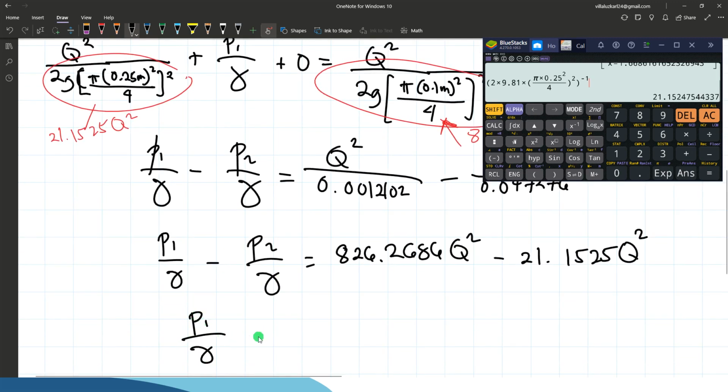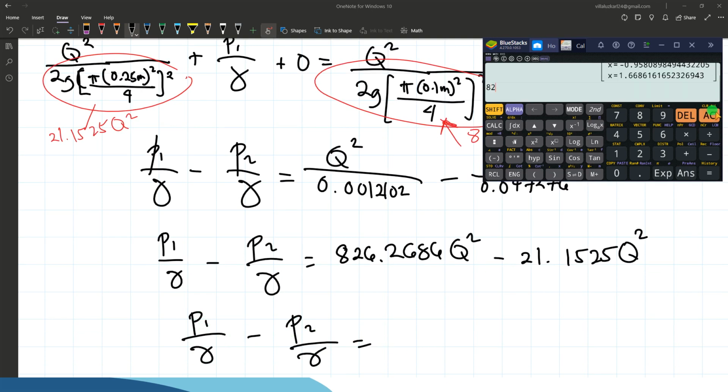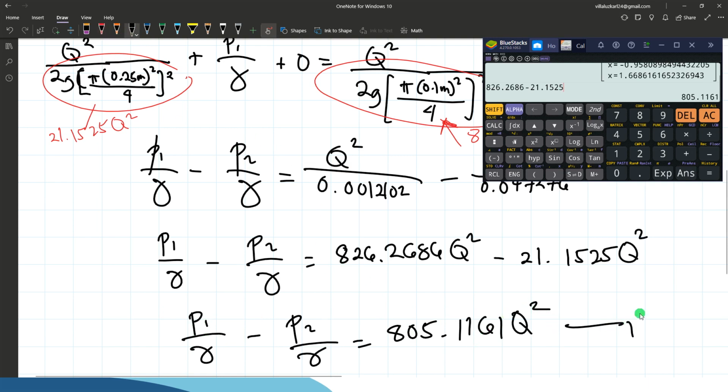So the difference in pressure head is 805.1161 Q squared. This is equation 1.